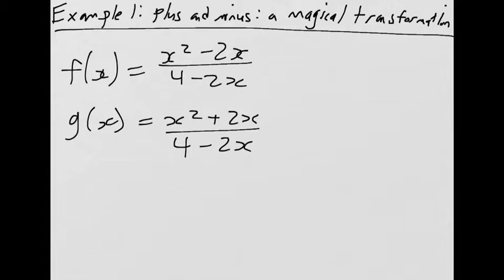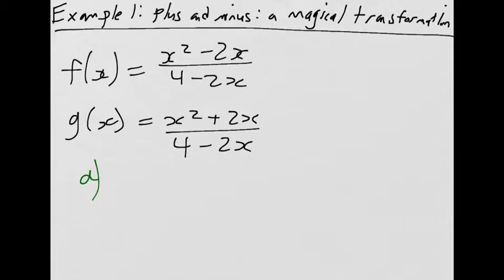Okay, so first of all, let's just analyze these graphs a little bit. What are the vertical asymptotes and x-intercepts of each of these functions? First of all, what are the vertical asymptotes? Same thing as non-permissible values.